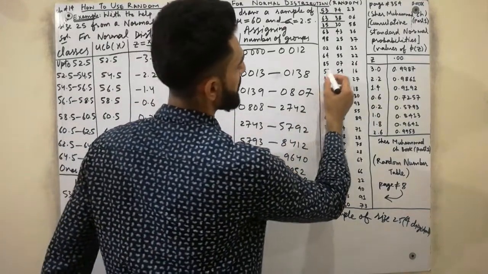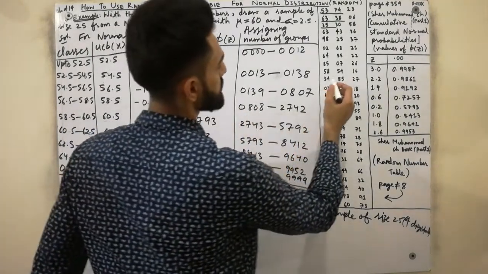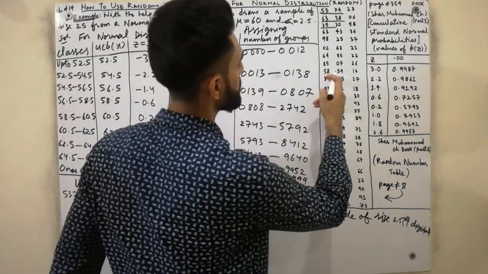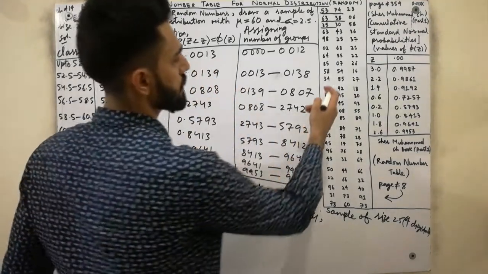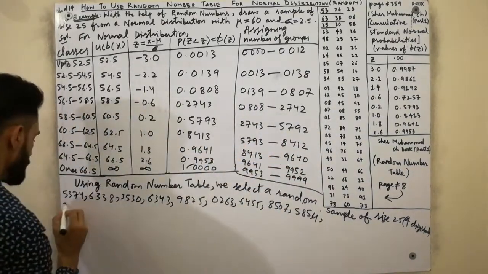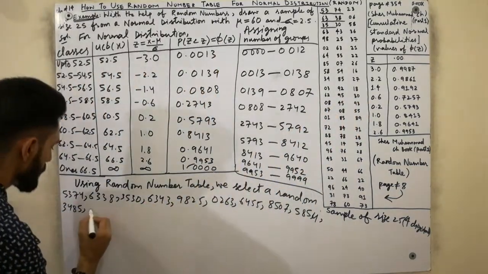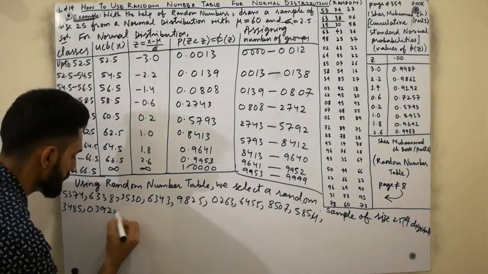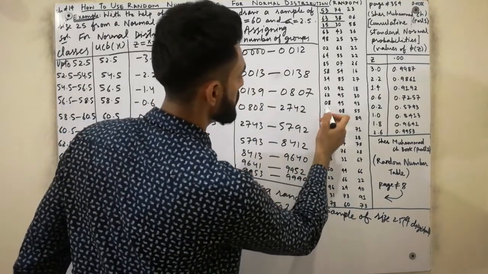Next, 8507. Next, 5854. Next, 3485. Next, 0392. Next, 6295.